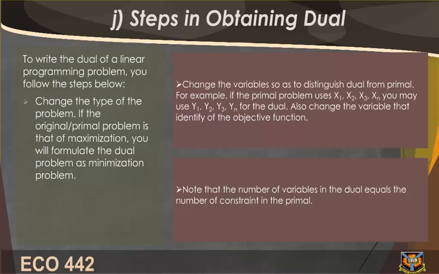For example, if the primal problem uses x1, x2, x3, xn, you may use y1, y2, y3, yn for the dual. Also change the variable that identifies the objective function. Note that the number of variables in the dual equals the number of constraints in the primal.